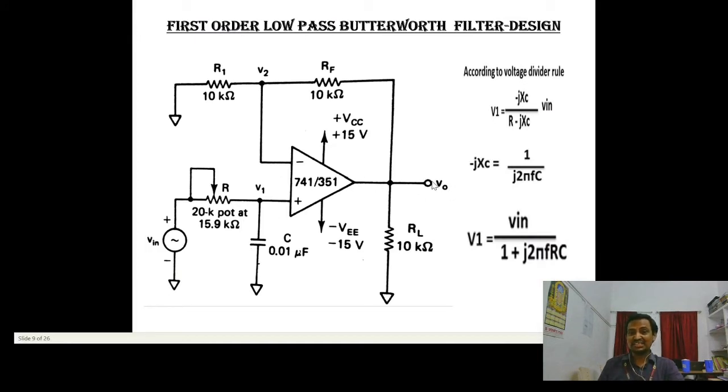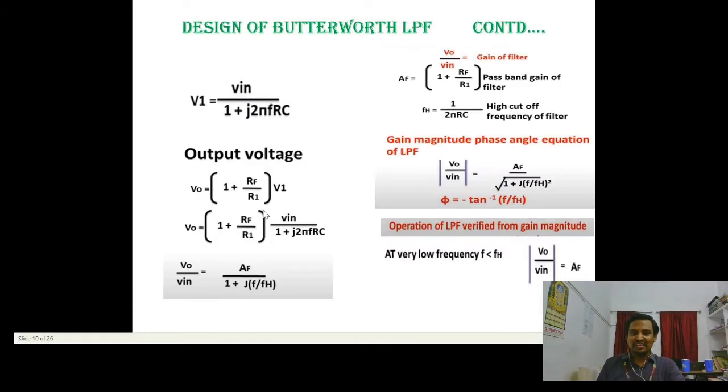The output voltage can be obtained using the formula V0 equals the gain of the non-inverting amplifier times the voltage across the capacitor V1. So V0 equals 1 plus RF divided by R1, times V1, where V1 is Vin divided by 1 plus j 2 pi RC.